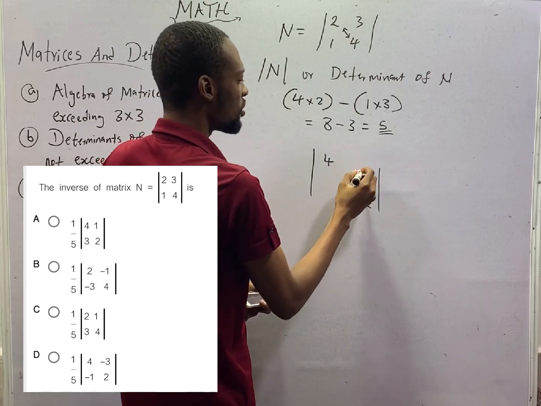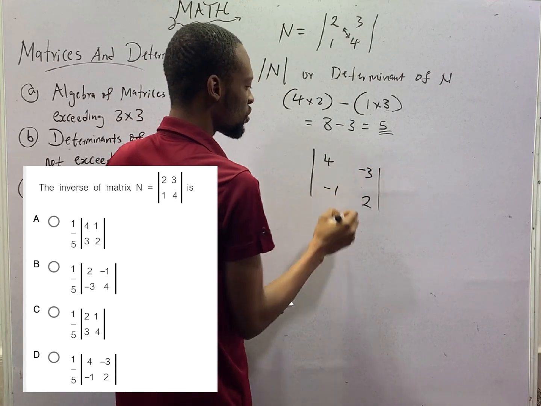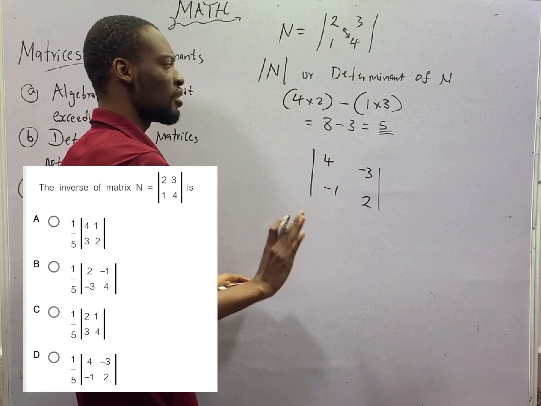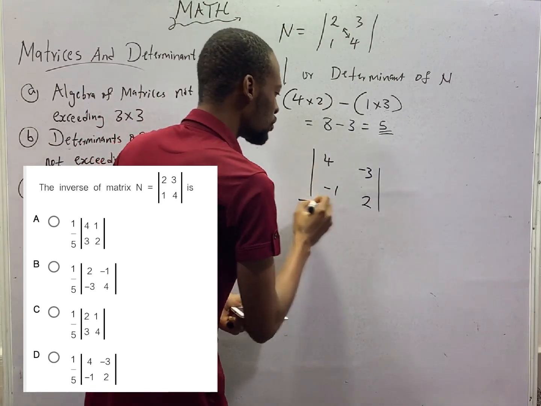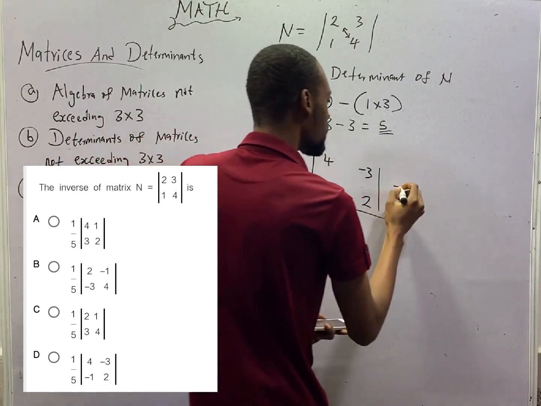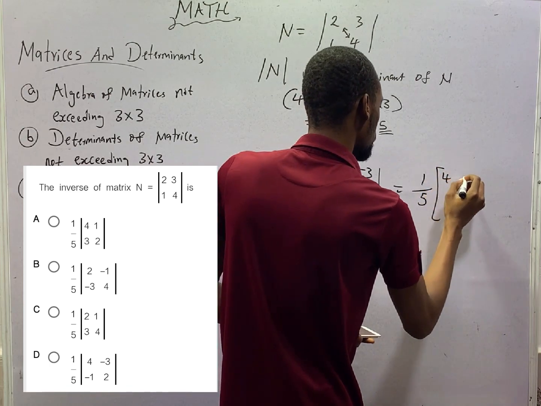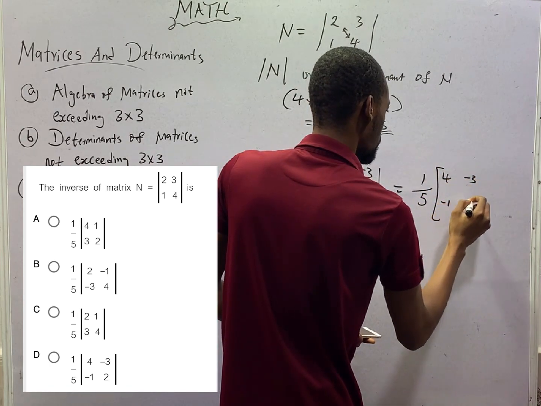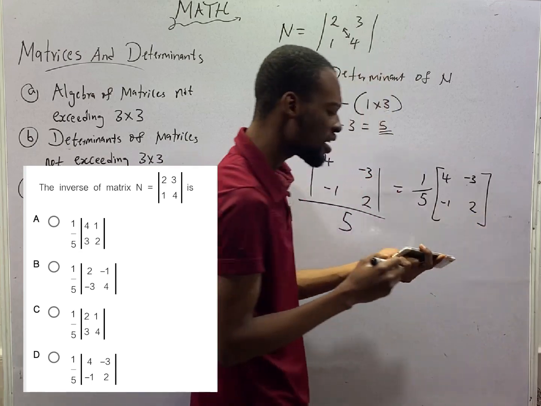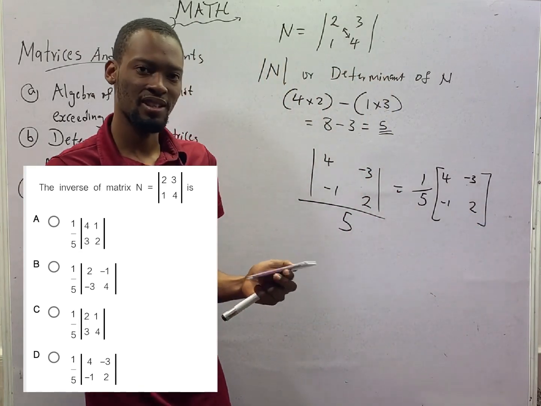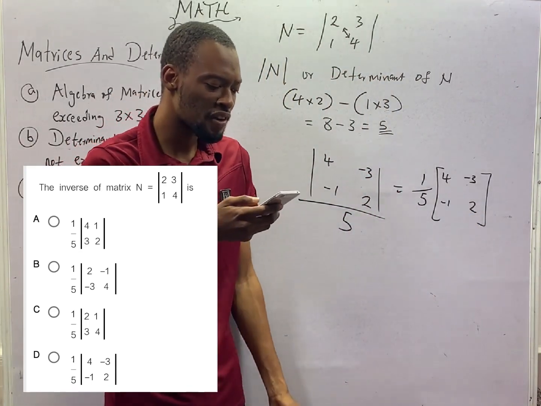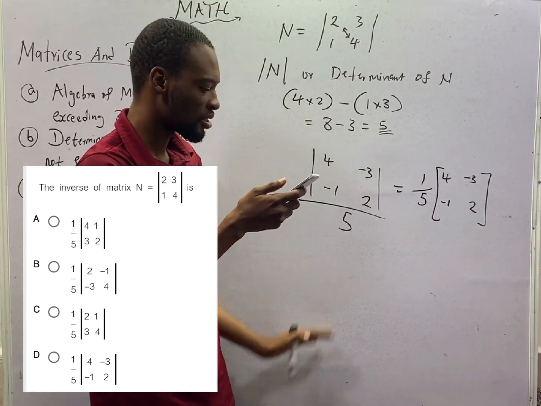This becomes minus 3 and minus 1. Divide everything by the determinant. That is over 5. This is the same thing as 1 over 5, 4 minus 3 minus 1 and 2. This is the inverse of this matrix.